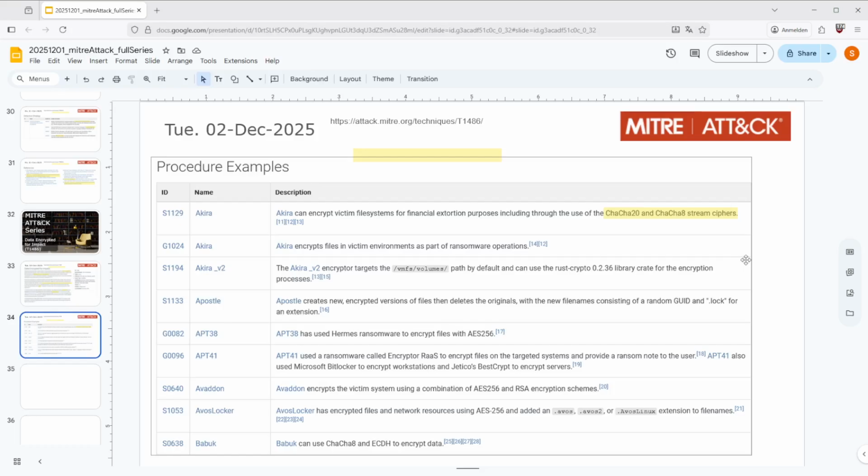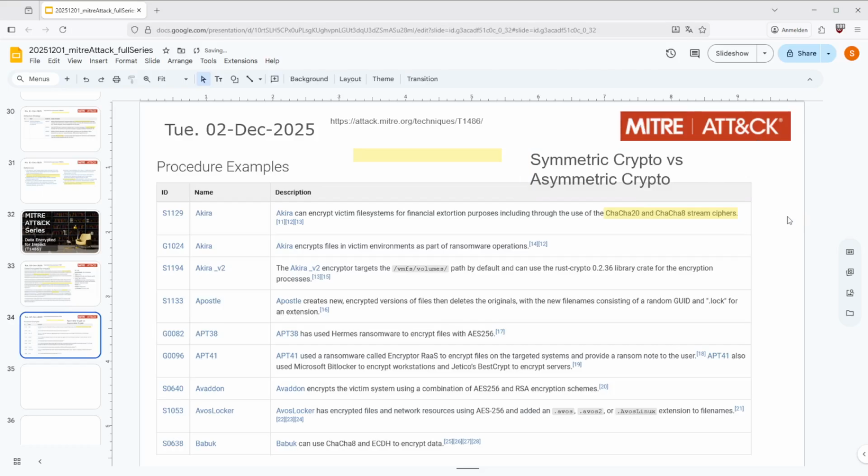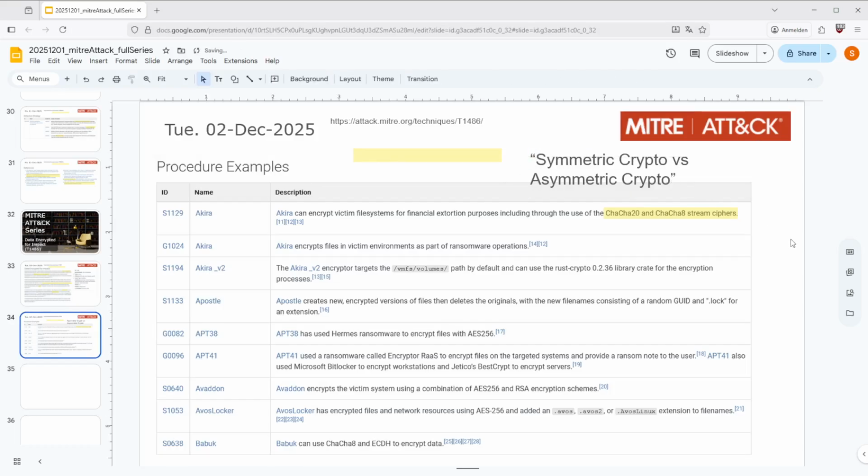I learned symmetric crypto versus asymmetric crypto at university. If you like, I can dig out one of my old books and we can dig into this.